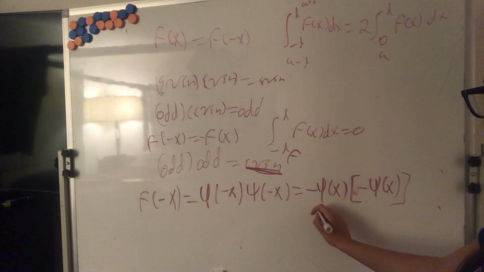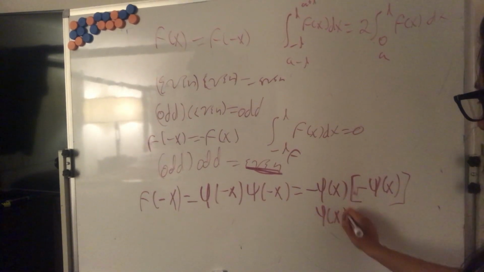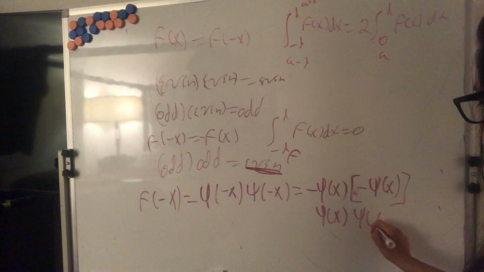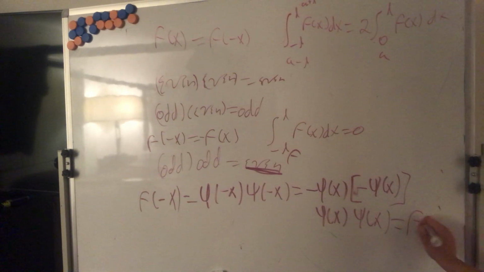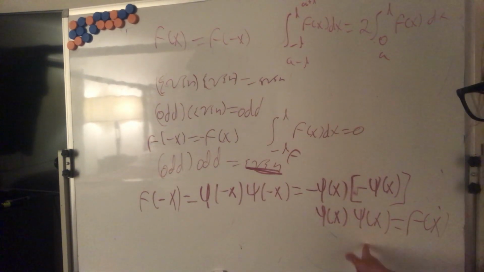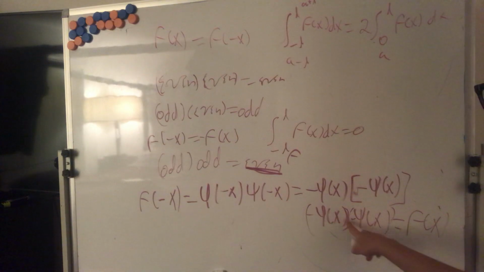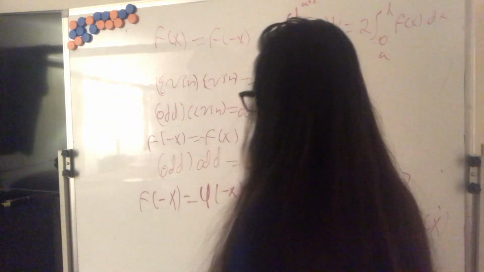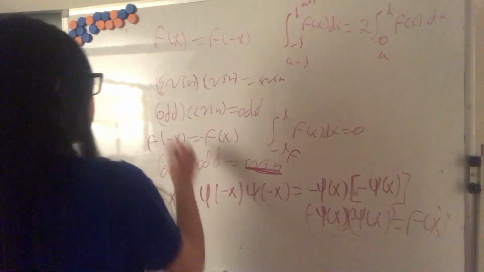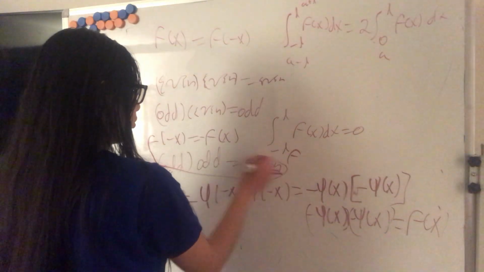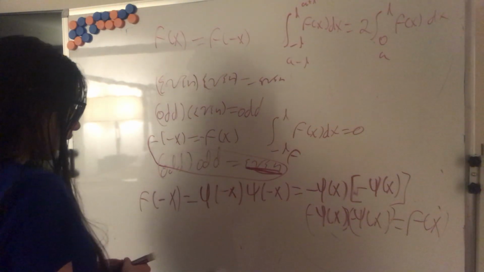This is equal to phi(x) times psi(x), and this is equal to f(x). Or you can do it the other way around: f(x) is equal to this, I can add a negative sign, so multiply by negative 1, and it's the same thing. So we also proved this one: an odd function times an odd function is an even function.